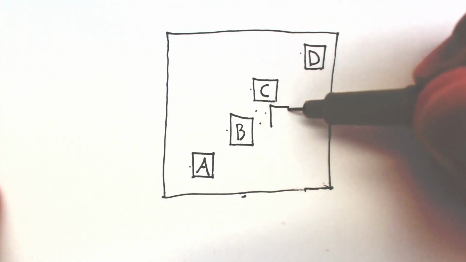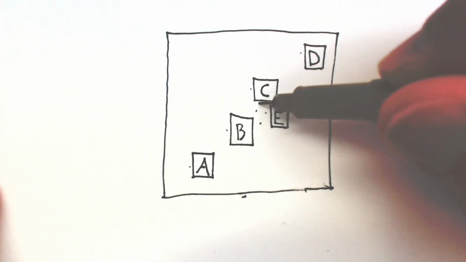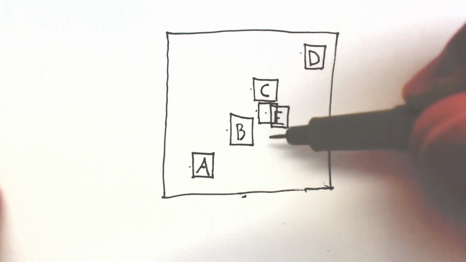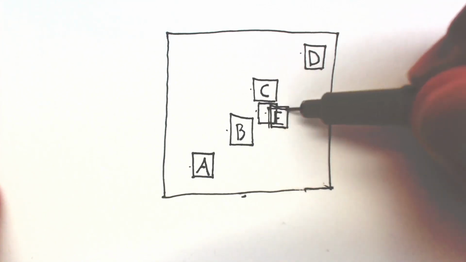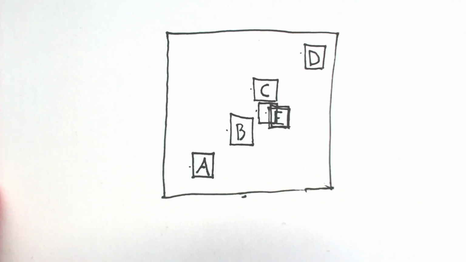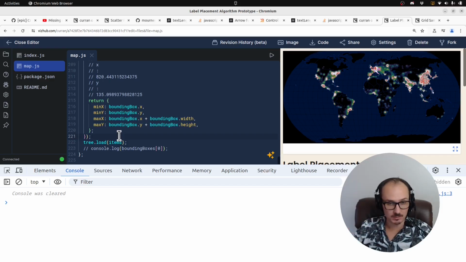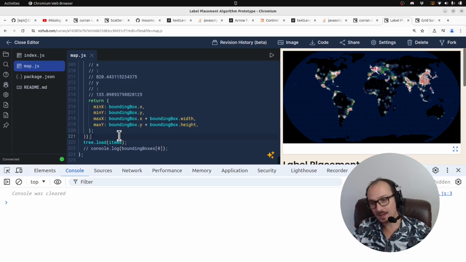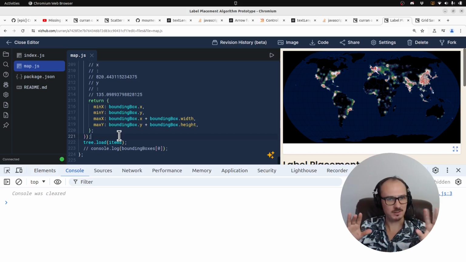Before adding it to the R tree, we want to query the R tree and say, yo, does this label that we're about to add collide with any of the existing labels that are already there? If not, then we go ahead and add it, and we keep track of that so we can render it. But if it does, then we don't want to render that label, and we don't want to index it into our spatial index either. So I don't think this tree load items is the right thing.